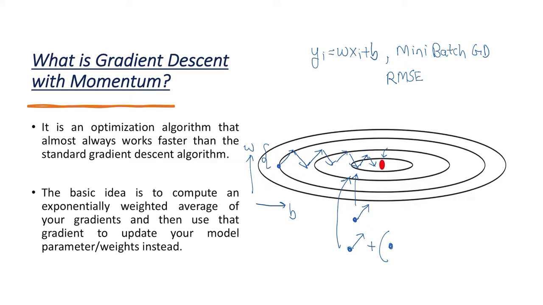So let's say it is using these two gradients. It will add all of these to decide which direction one should move. As you can see, when we are adding the previous two gradients, the vertical components are trying to cancel one another. So it is reducing the noise in the vertical direction, and the horizontal component is trying to push us faster towards the global minima.